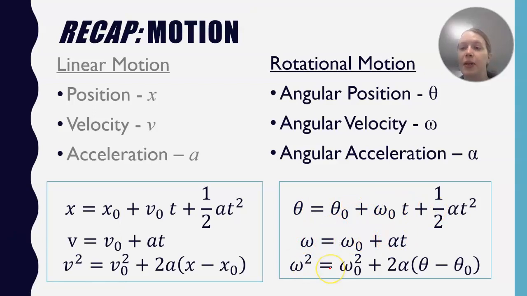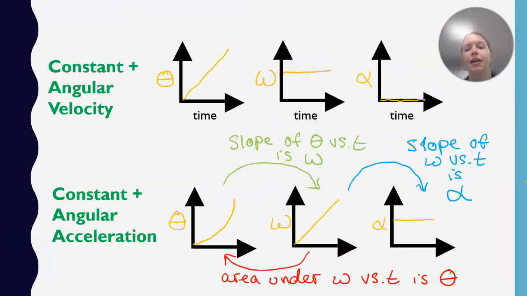I don't know why this last one isn't in your reference table, but it still works if you find it useful. Similarly, our motion graphs can be interpreted in the same way. If we have an angular displacement versus time graph, we can find the angular velocity from its slope. If we have an angular velocity versus time graph, we can find the angular displacement from its area, and we can find the angular acceleration from its slope.